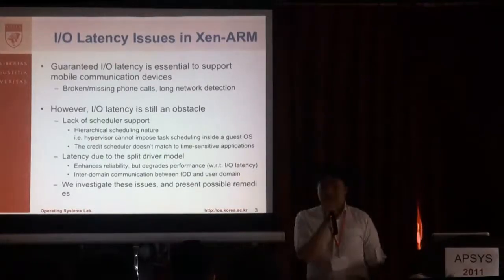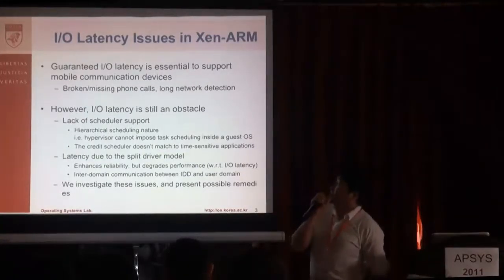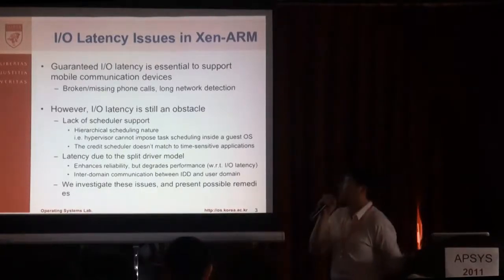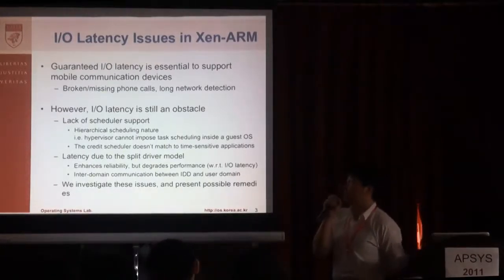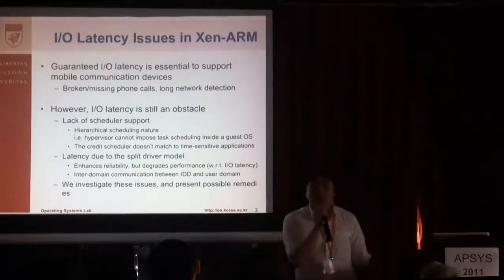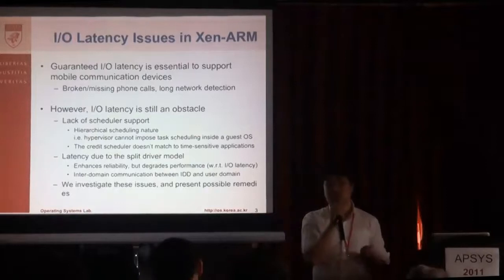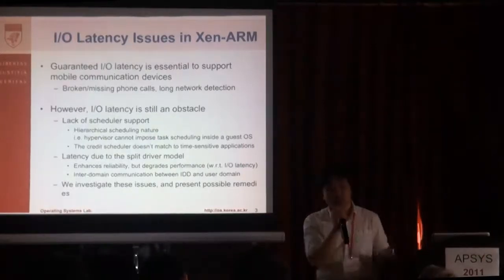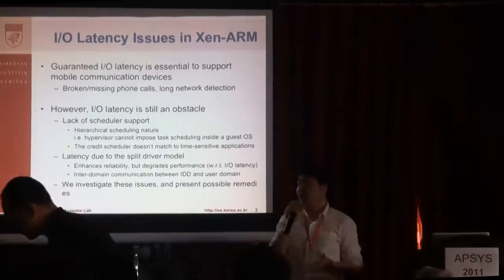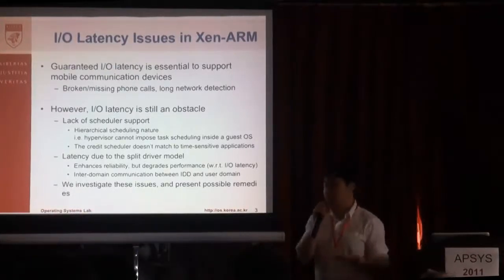It's so sad that Xenon's architecture inherently has some major drawbacks for I/O latency. Today I'm going to present how those I/O latencies arise and how they can be mitigated using different approaches.